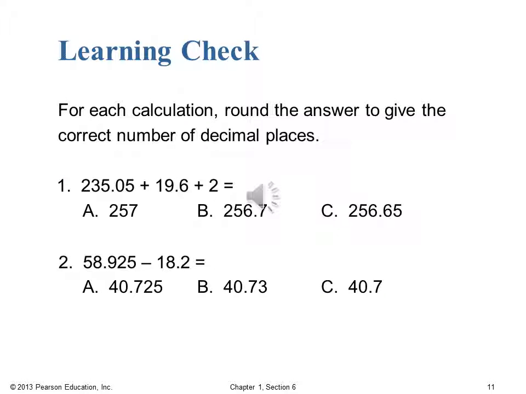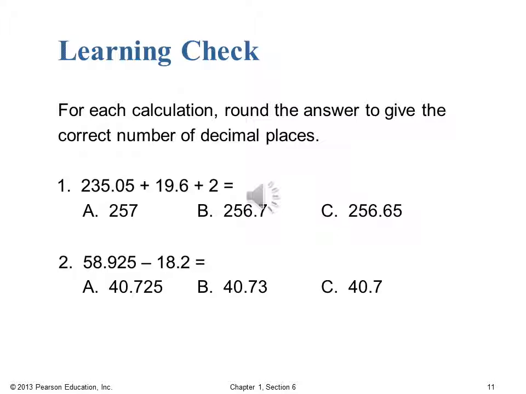Alright, so let's take a moment now and have our final learning check for this little subtopic. From each of these calculations, round the answer to give the correct number of decimal places. So for number 1, 235.05 plus 19.6 plus 2 equals, and then select the final answer that gives the correct number of decimal places.